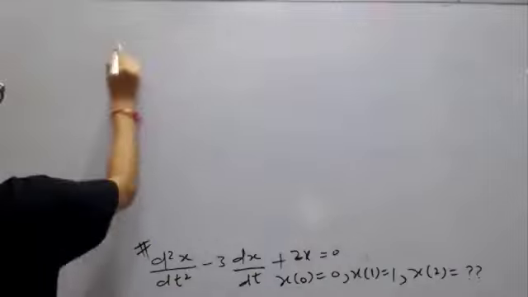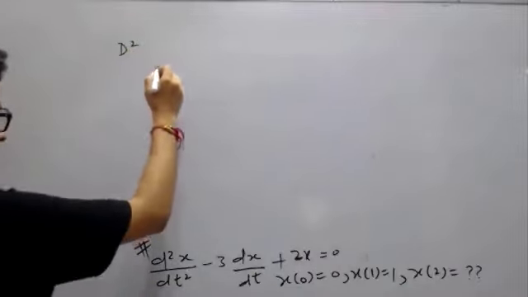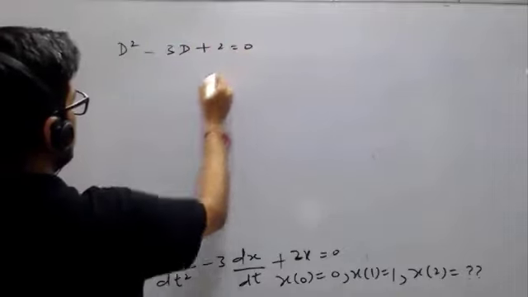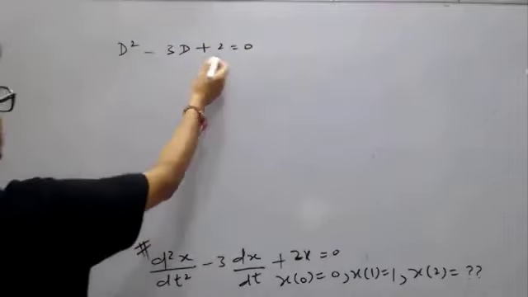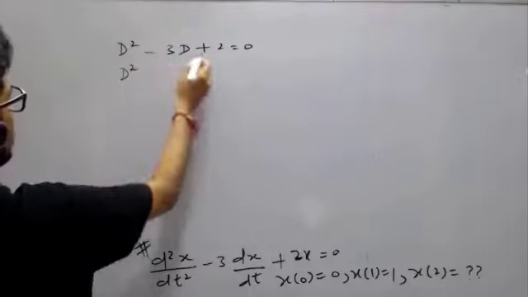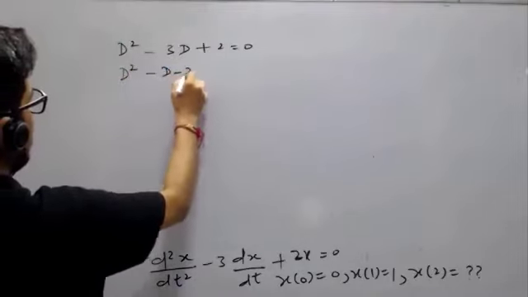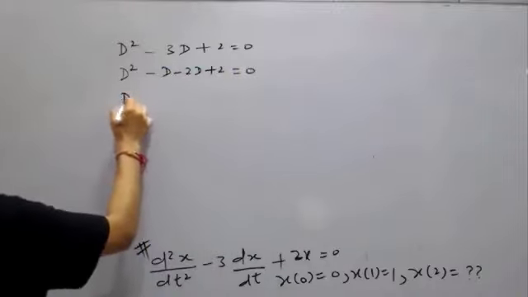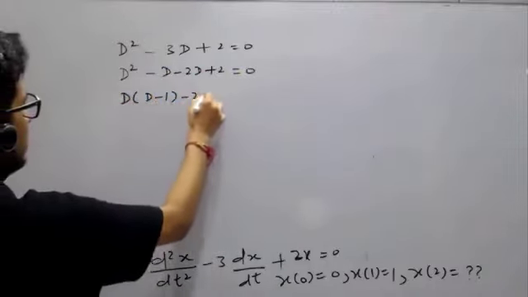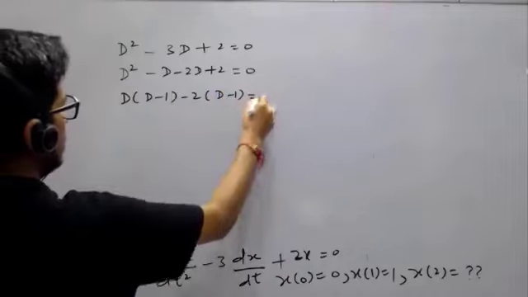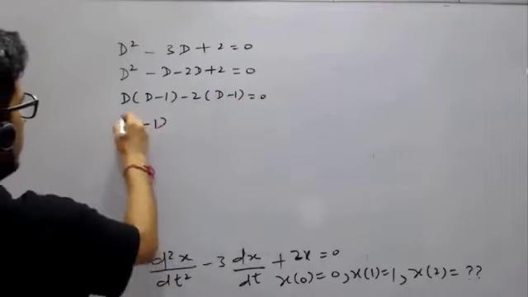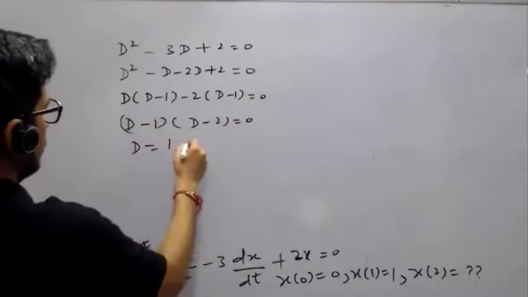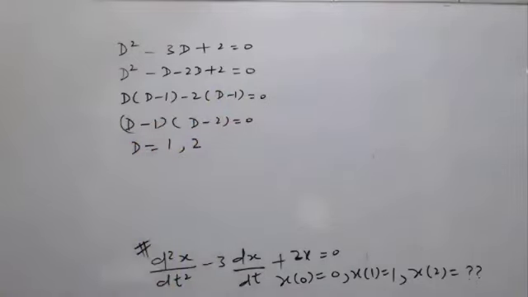It will become D square minus 3D plus 2 is equal to 0, and it is D square minus D minus 2D plus 2 is equal to 0. Correct? D(D minus 1) minus 2(D minus 1), and (D minus 1)(D minus 2) is equal to 0. So D is equal to 1 and 2.